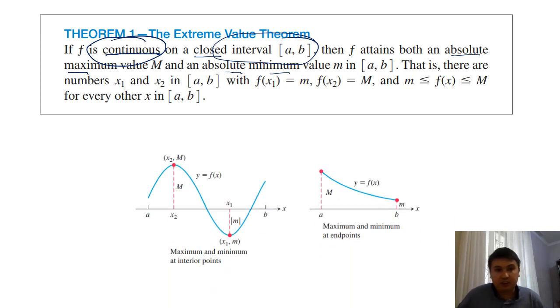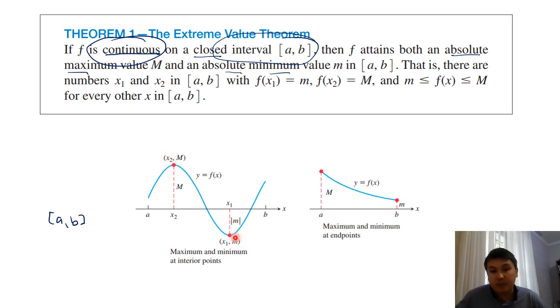What are the situations? One occasion is the following. Let's say I'm looking at the interval AB, right? So here at x2 I have the maximum, and here at x1 I have the minimum.